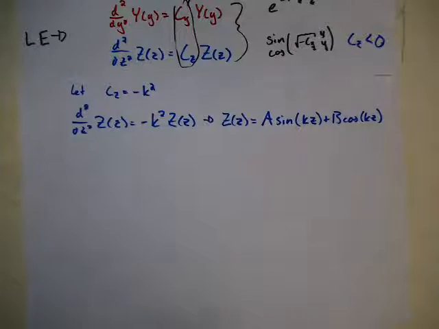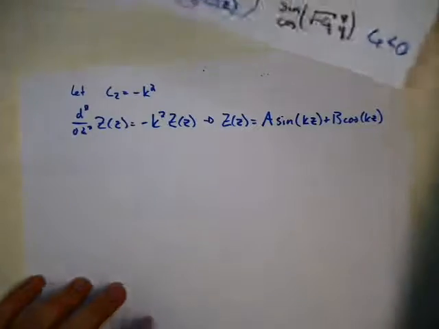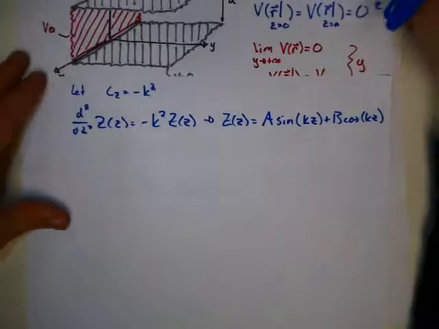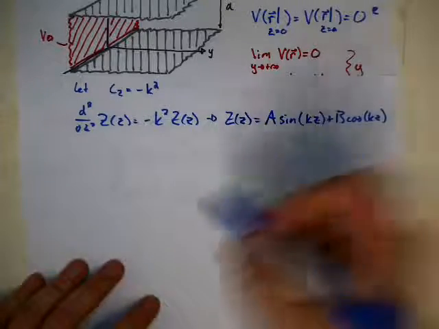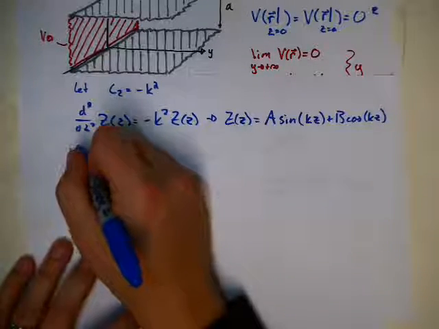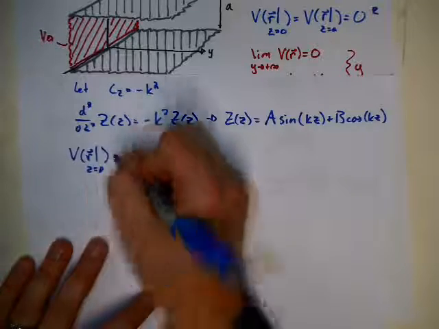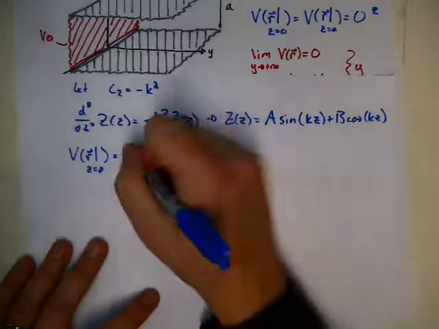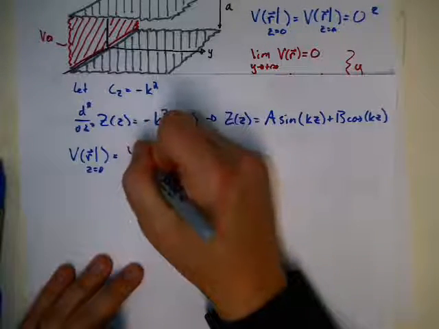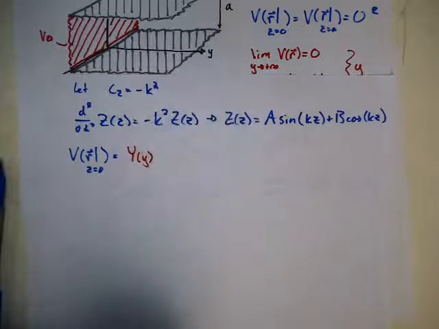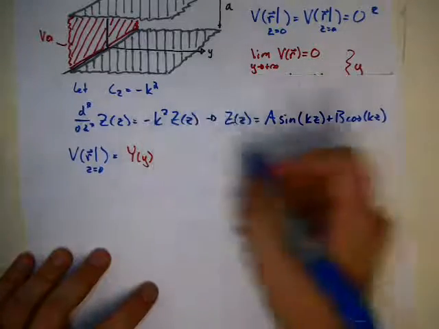Now we want to apply the first boundary condition. Okay, the first boundary condition, let's go ahead and bring that up. Here's the boundary condition in the z. I'm going to use this one first, and that v of r at z equals 0 is going to be whatever the y function is. So this will be whatever y function is as a function of little y, and then times this evaluated at 0.